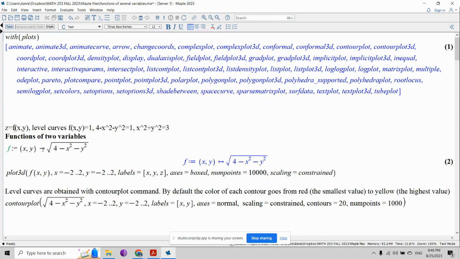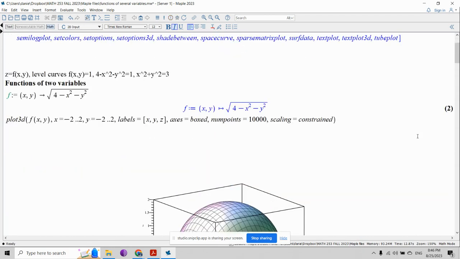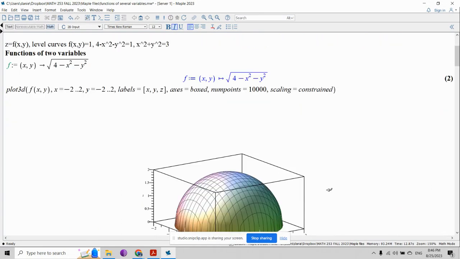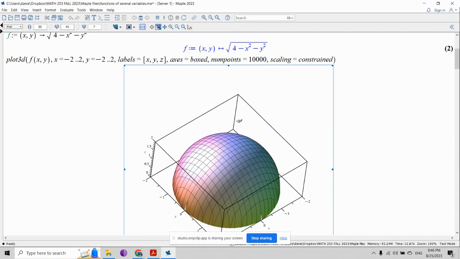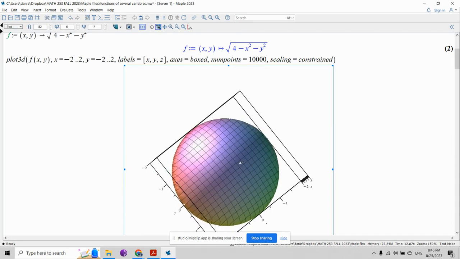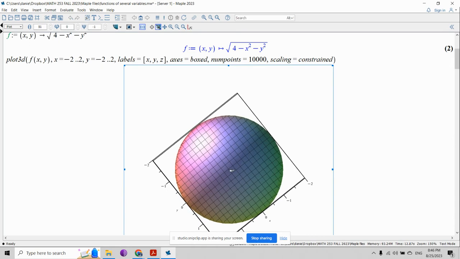So let's do this for the function square root of 4 minus x squared minus y squared. This is going to be a hemisphere. We did that in the written part before. What I want to emphasize is, if you look at it from above, so if you rotate the image to the perspective of the z-axis and above, and superimpose it over the xy plane, you should see the domain of the function.